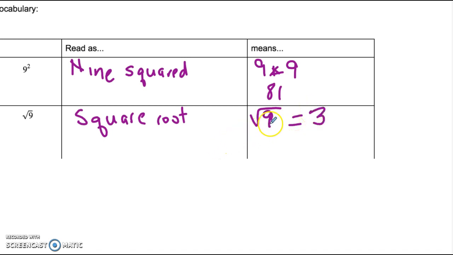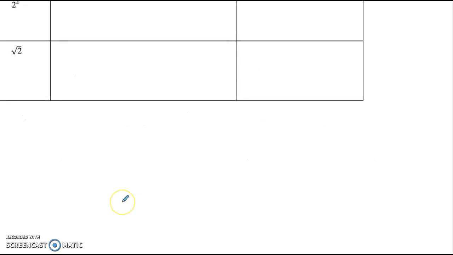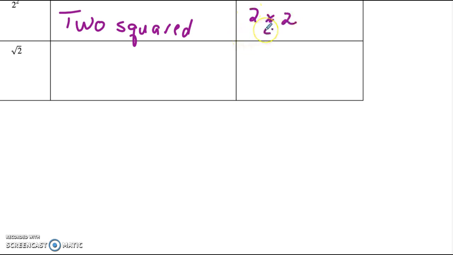Now remember, not all numbers are perfect squares. So we can't always come up with an integer when we take the square root. So this next one on your paper, you're going to write it as 2 squared, which means 2 times 2, which of course is 4.